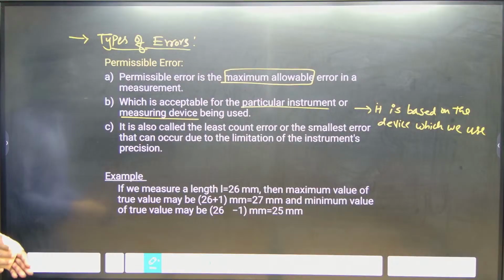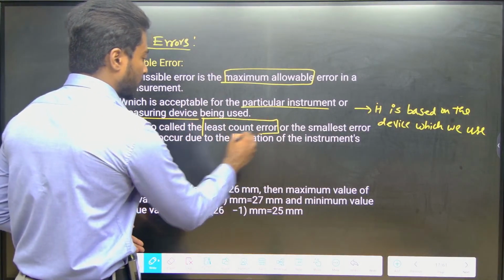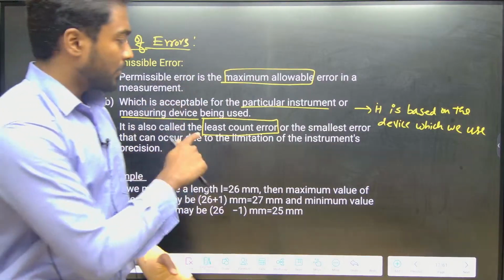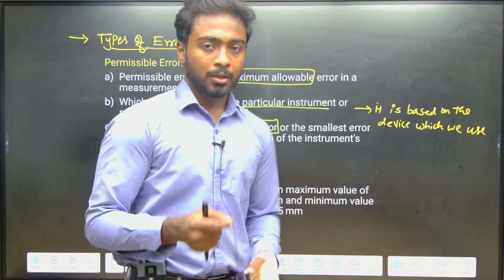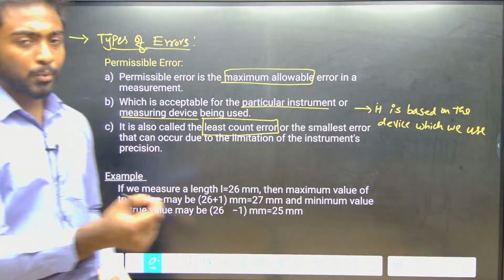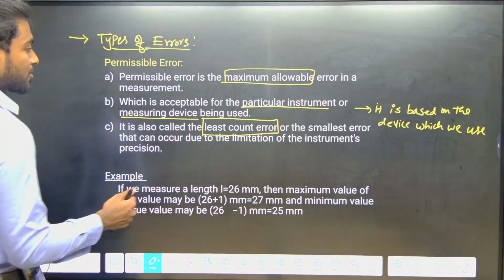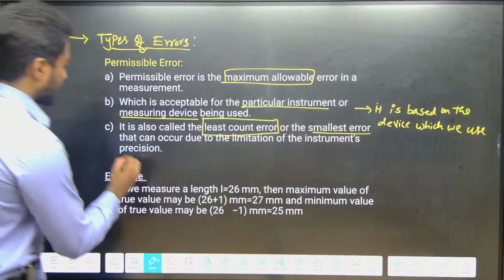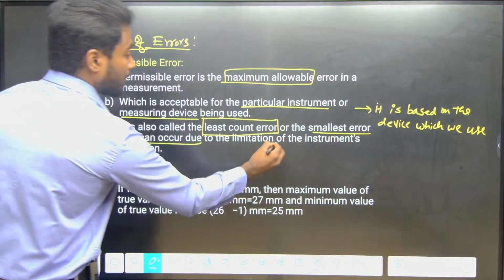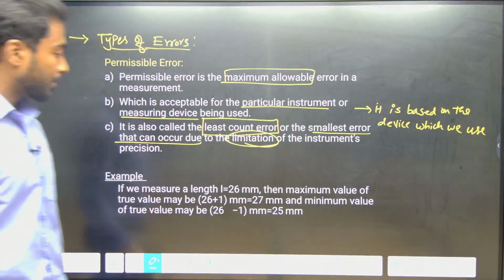Third one is also called least count error. We saw least count in the starting slide only. What is the meaning of least count? The minimum measurement which I can measure from the given scale. Least count error is the smallest error that can occur due to the limitation of the instrument's precision.